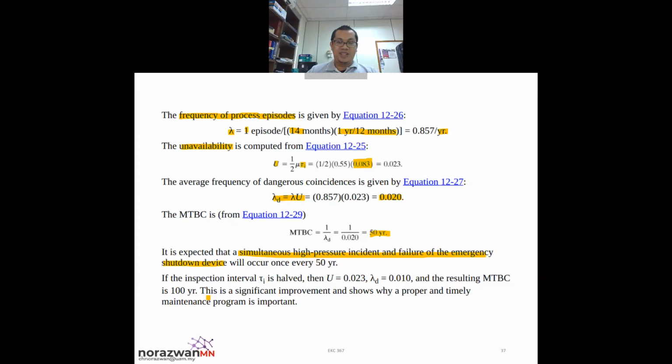What does this statement mean? Last question before we have some break: what is the conclusion from this statement, that if the inspection interval tau I is halved, the resulting MTBC is 100 years?